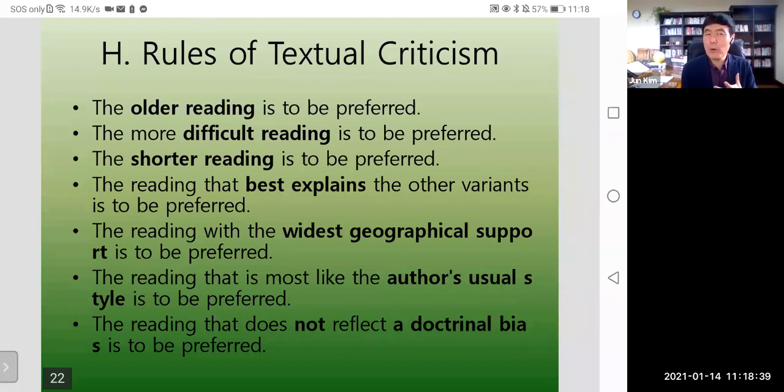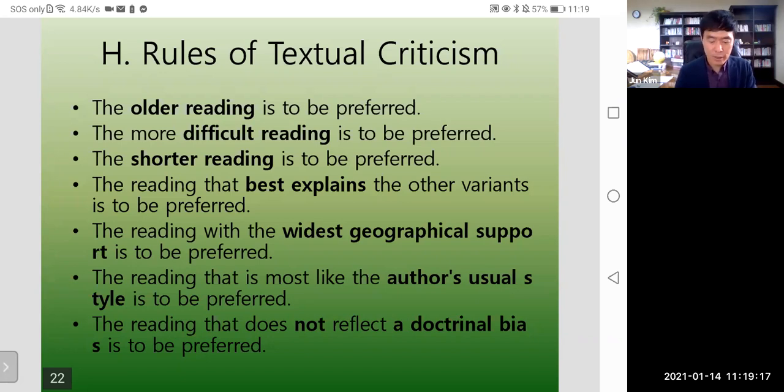So sometimes they felt that this idea doesn't support what we believe, or doesn't make full sense of a doctrine, so they tried to modify the words. It could be possible. So if you see that this one was changed because of doctrinal bias, if you can recognize it, then you need to devalue those variant readings.